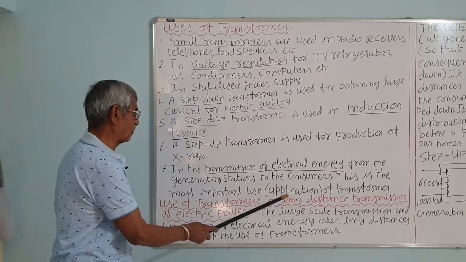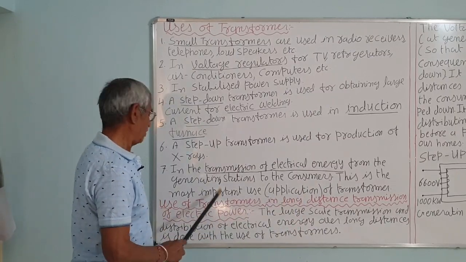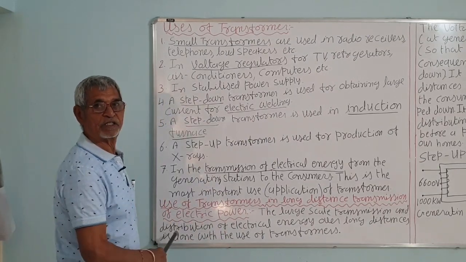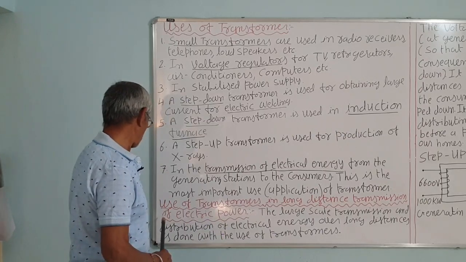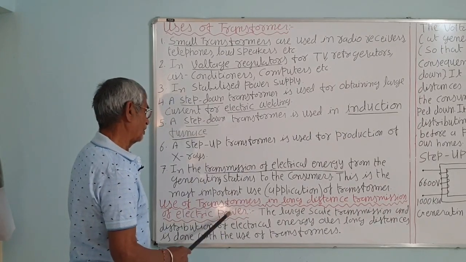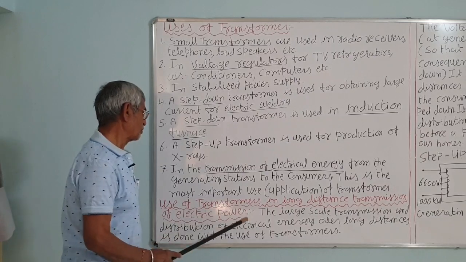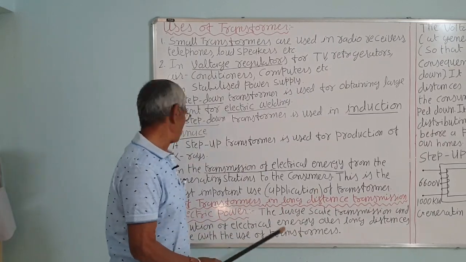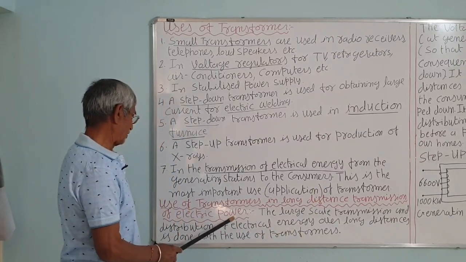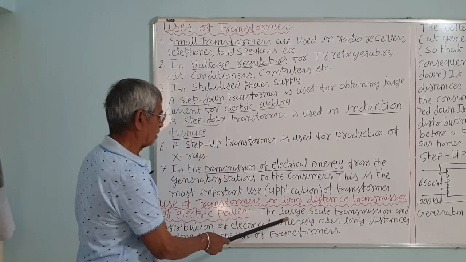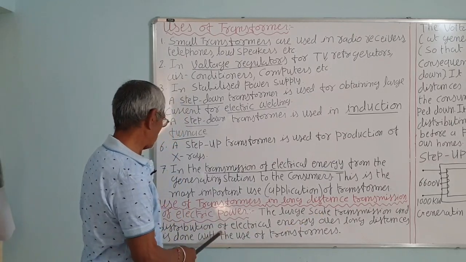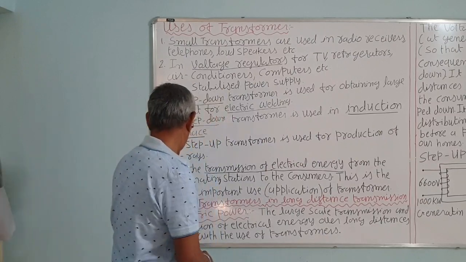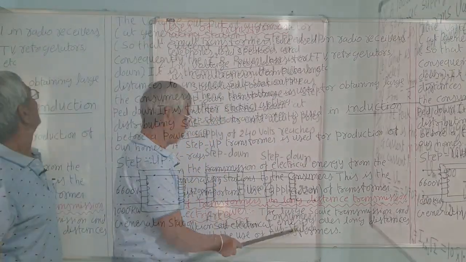Now, the use of a transformer in long distance transmission, we will see in a little more detail, as we have studied this in chapter 3, current electricity. The large scale transmission and distribution of electrical energy over long distances is done with the use of transformers.